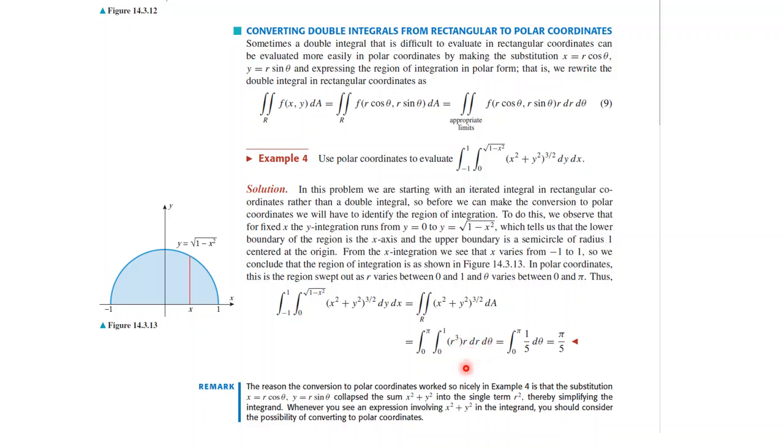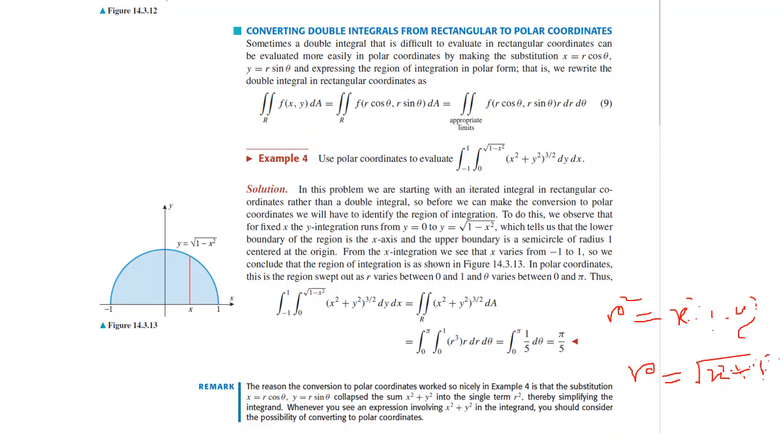Now we will integrate with respect to dr d theta. This is very simple, because of x square plus y square. How do we get there? We know that r square equals x square plus y square, so r equals root over x square plus y square.